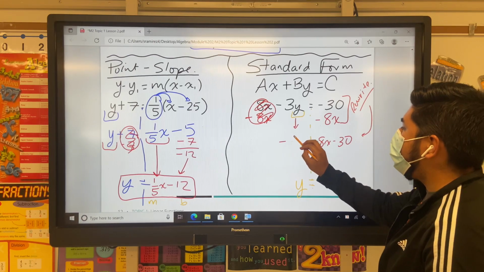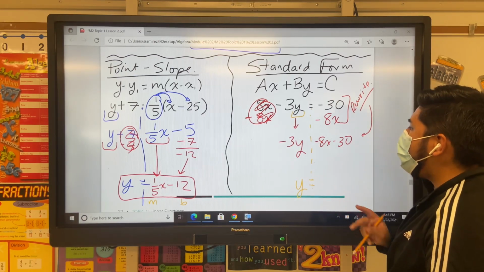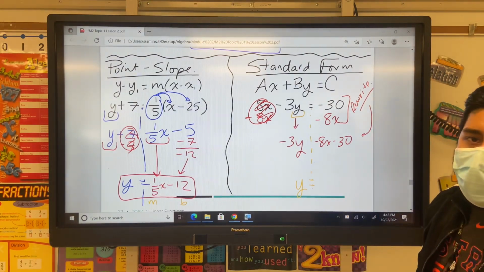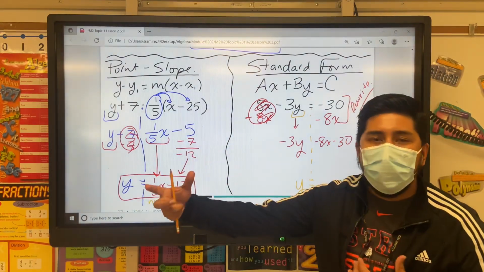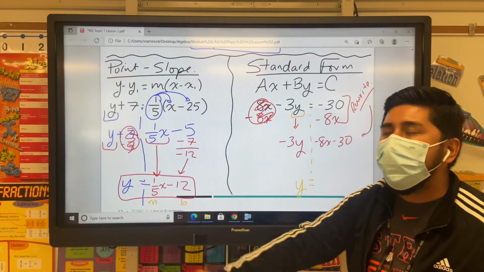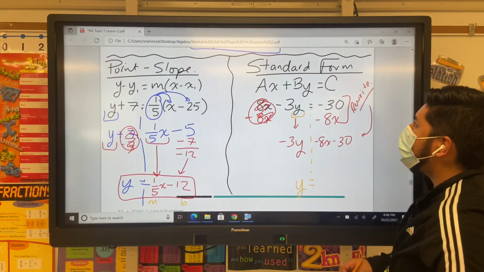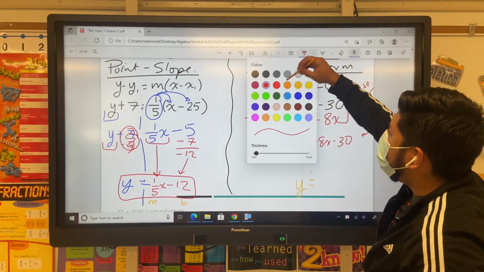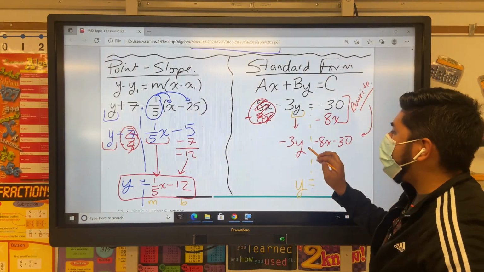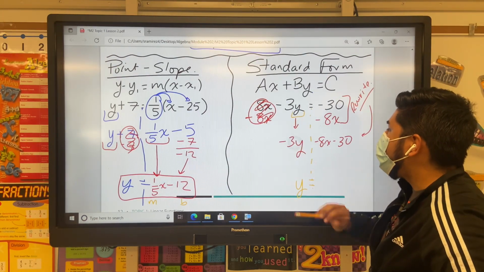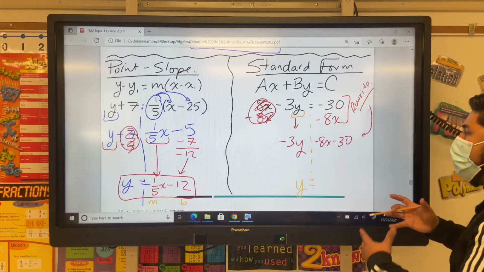Bring down negative 3y. And my last step is to divide. So you move, divide. Move, and then divide. Move this guy over, rewrite, and now we're going to divide. What are we going to divide? Negative 3y, negative 3 and y are multiplying. They're married right now.